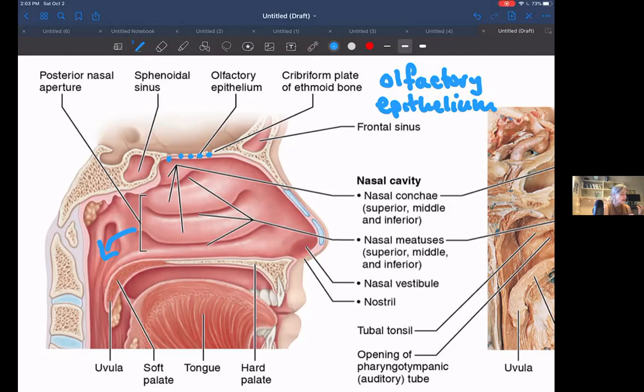The reason for this is it's connected to the back of your throat where you swallow food. So things can go up the wrong way, and that does not feel good, right? And that becomes an issue as well. Okay, so that is your nasal cavity.